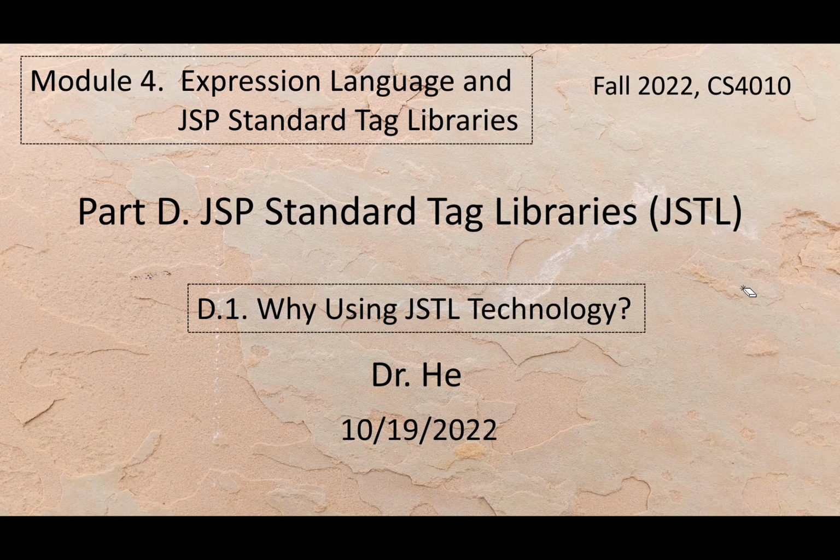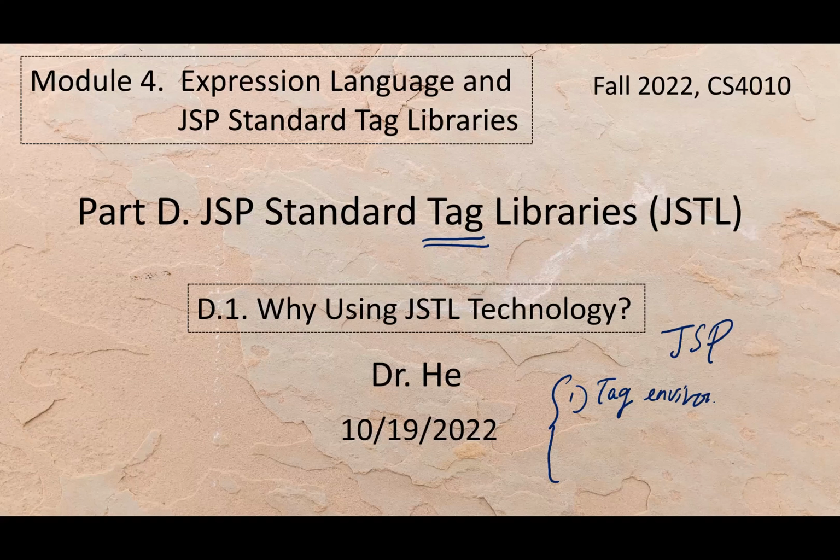So this technology, here you can see this tag name, right? Tag. We know in JSP, we have two environments. The first one, tag environment, and the HTML belongs to this environment.